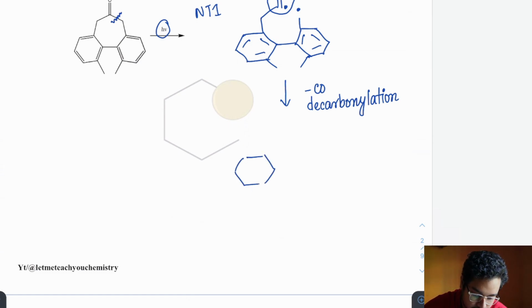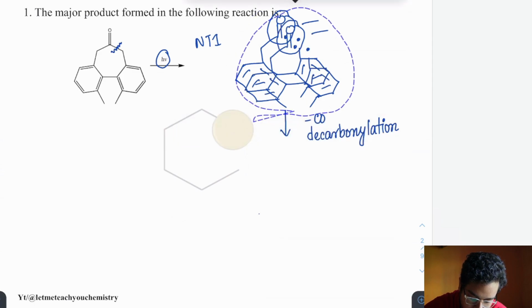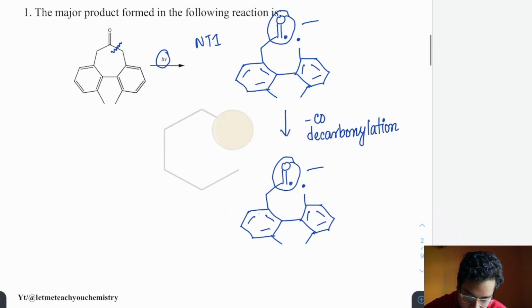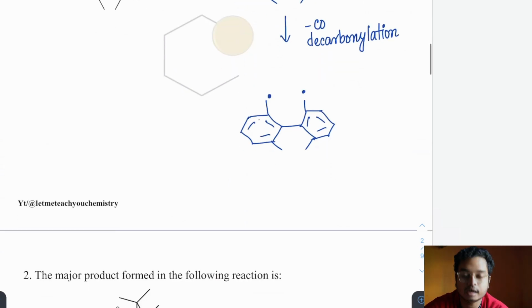I just save my time by copy pasting this, duplicating it and putting it here. After decarbonylation, we got this radical. Now the next step is that these two radicals combine and we get our final product.